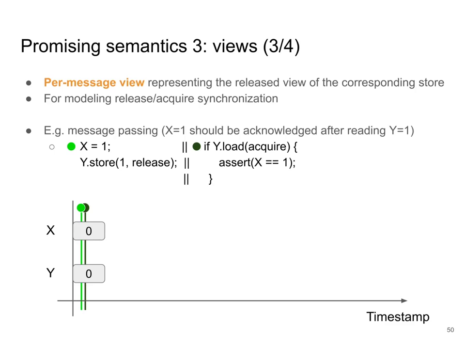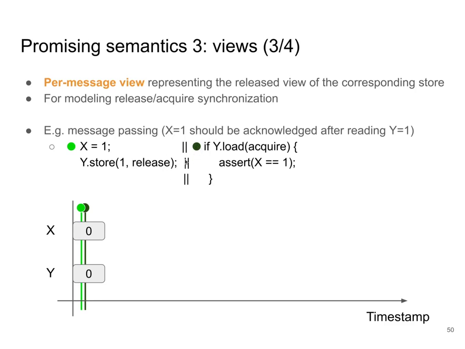Here is an example. This example is already explained a little bit in the previous slide. x equals 1 and y equals 1, but with a release. In the right thread, y is read, and if it is 1, we want to assert that x equals 1. Here, the load is acquire, and the store is a release, and as a result, there is a release acquire synchronization.